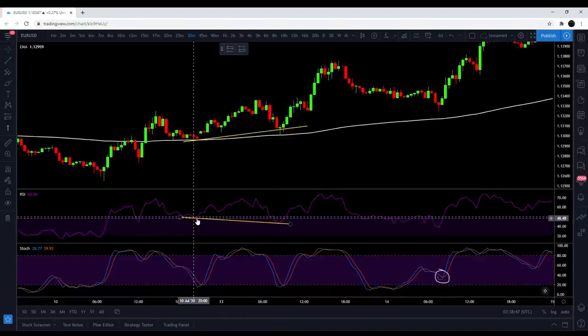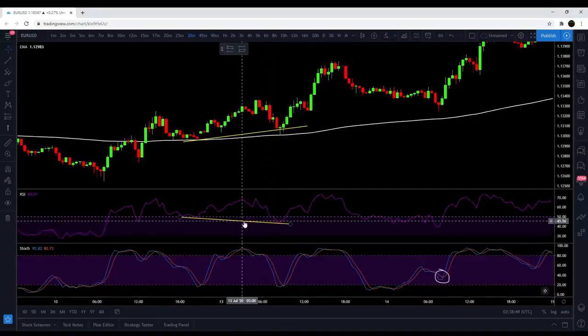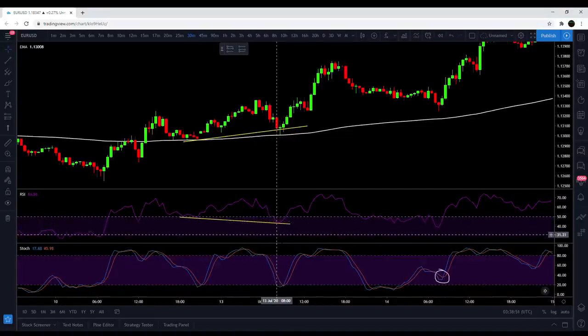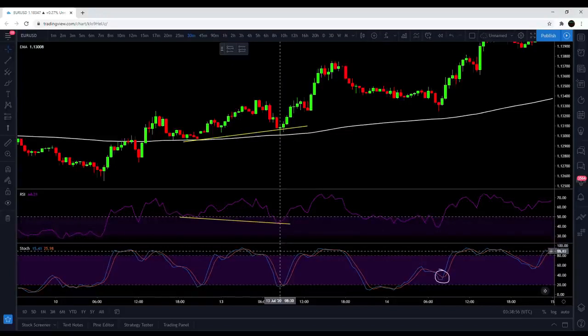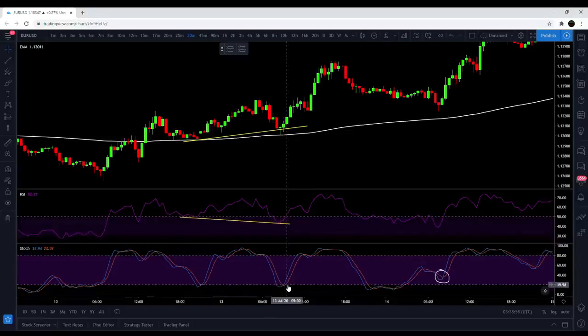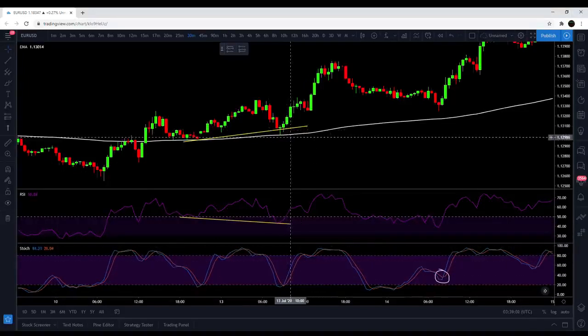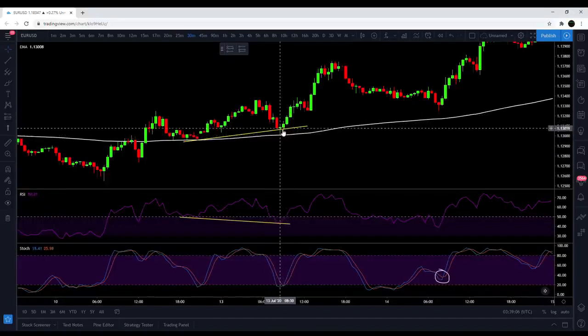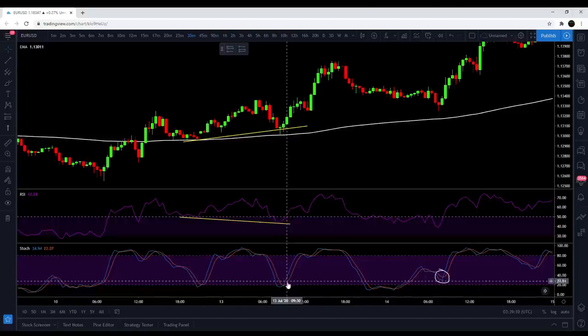Once you've spotted this hidden bullish divergence, then you know that you're looking for the next cross up on the stochastic to take a long entry. The 200 EMA is also agreeing here, which you need to make sure of. Price is above the 200 EMA, and we have a cross up on the stochastic right here.